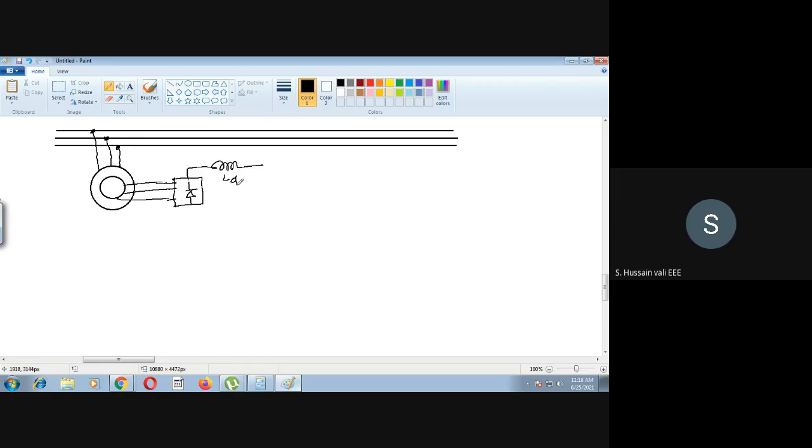So this is Ld, the current here is Id. Then after that we have a thyristor bridge. The output of this thyristor bridge is going to the transformer.